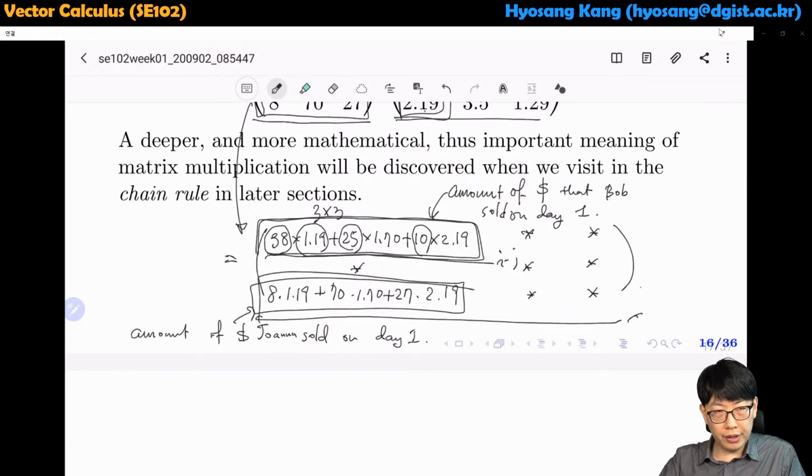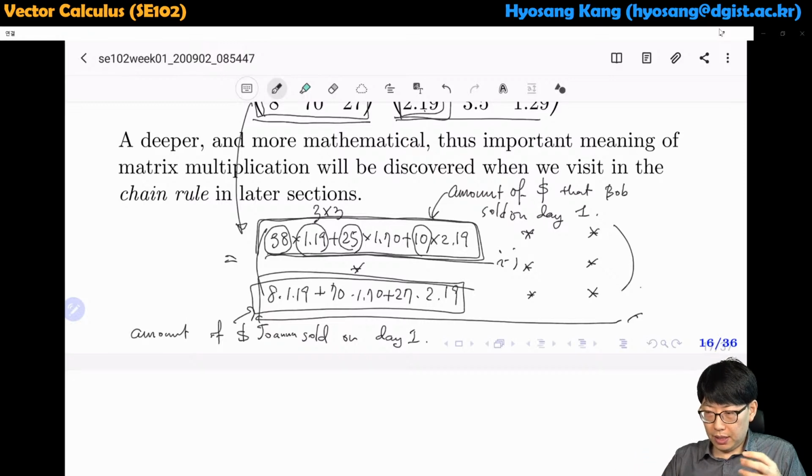So i represents the label of a row, and j represents the label of a column. The rows are represented by the names of persons, and the columns are represented by the days. So the ij entry of A times B is the amount of money that person i sold on day j, right?